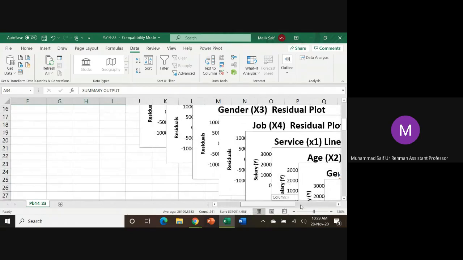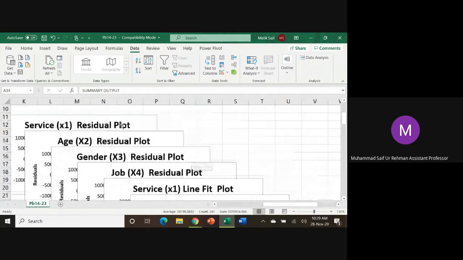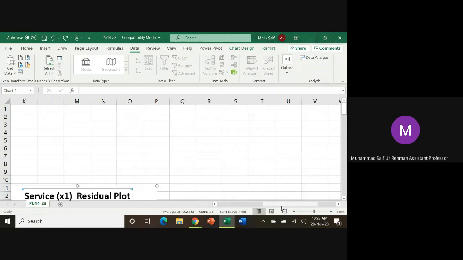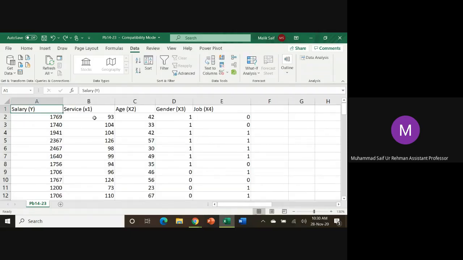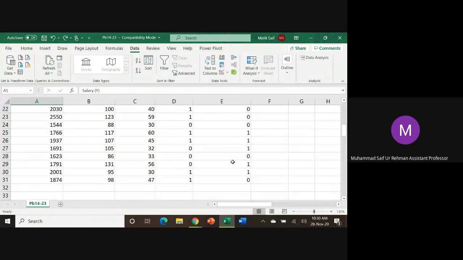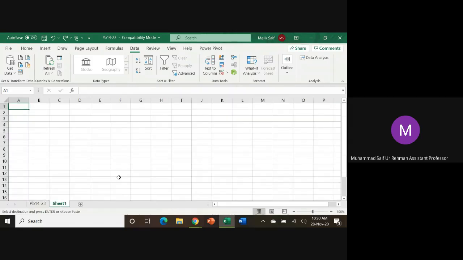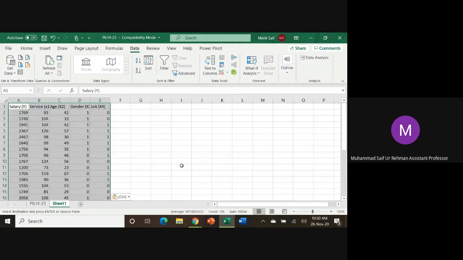There are also so many graphs that will help us in determining different situations. So I think I should choose a new sheet for this because there is no need to move these graphs downward. We will have to see these later on. So I'm going to use another sheet for this.